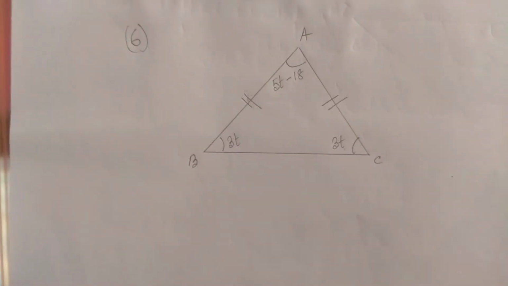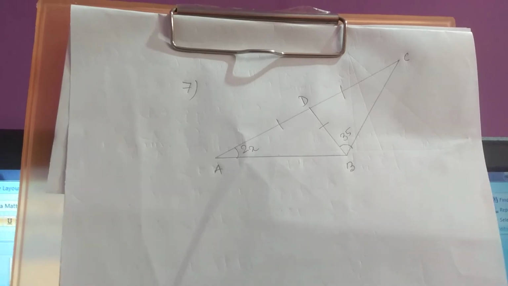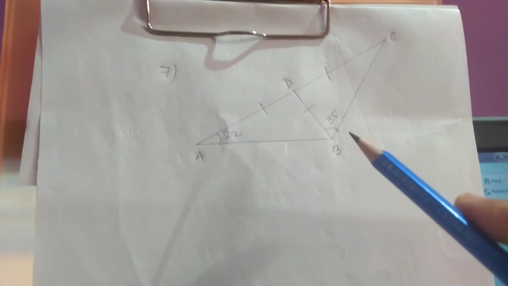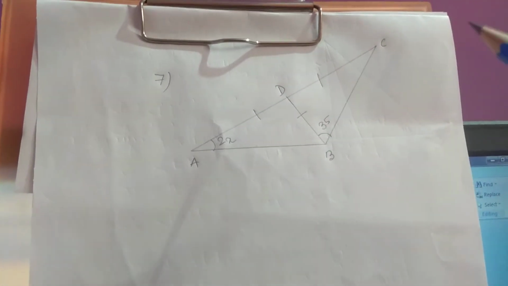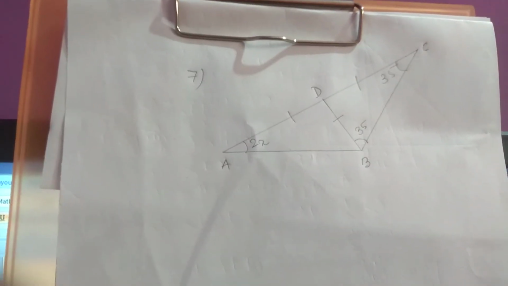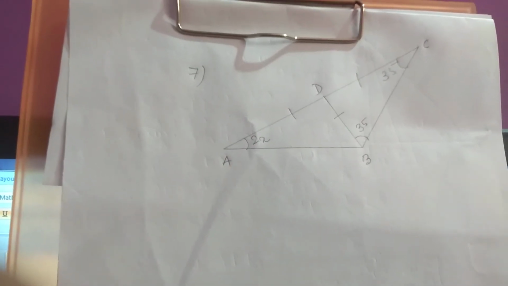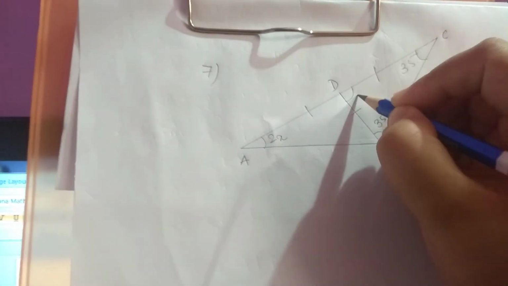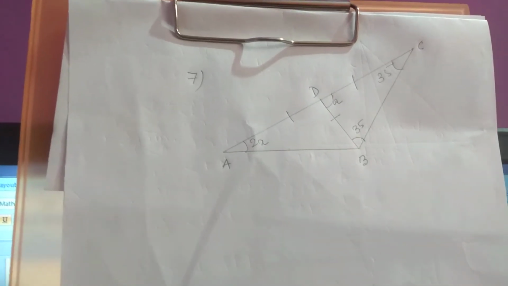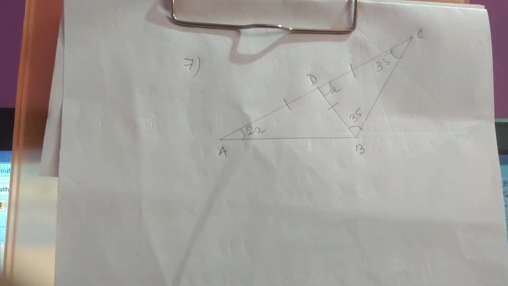Now let's go to question number 7. So this is the figure for question number 7. Here this angle is 35. Angle DBC is 35. So this angle will also be 35 because side BD equals CD. So this is 35. Now if I consider this one as A, by using angle sum property, I can find the value of A. Yes?